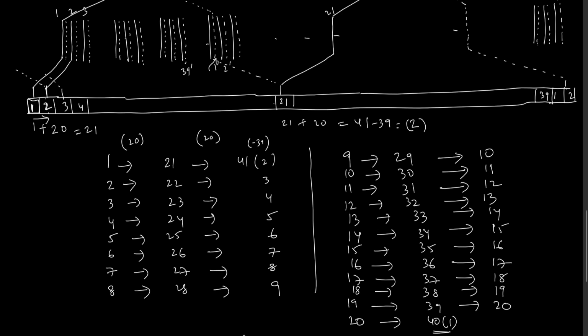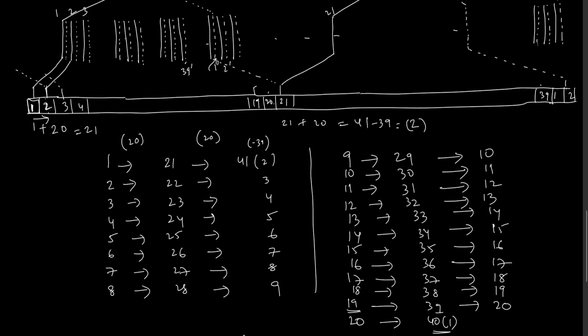So the last coil is coming from 19 to 39. 19 starts here, then it goes to 39 here, and there it ends at 20.